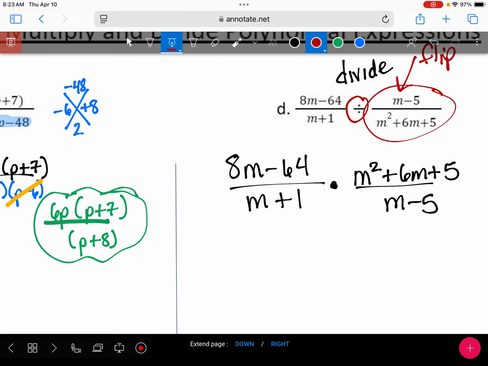All right, so let's go ahead and factor this down. So this can be factored down some more. The only thing I can take out of here is a GCF. So what number can I divide into 8 and 64? The greatest number that goes into 8 and 64 would be 8.